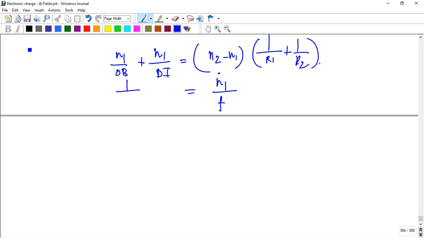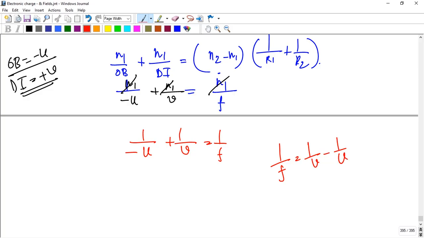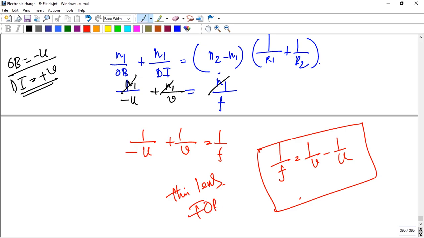So the object is on the left side, that's why OB is minus U, and the image is on the right side, so DI is plus V. So N1 by OB is minus U, N1 by DI is plus V, N1 cancels, and we get 1 by minus U plus 1 by V equals 1 by F. So the final expression I get is 1 by F equals 1 by V minus 1 by U. Okay, that's the thin lens formula.